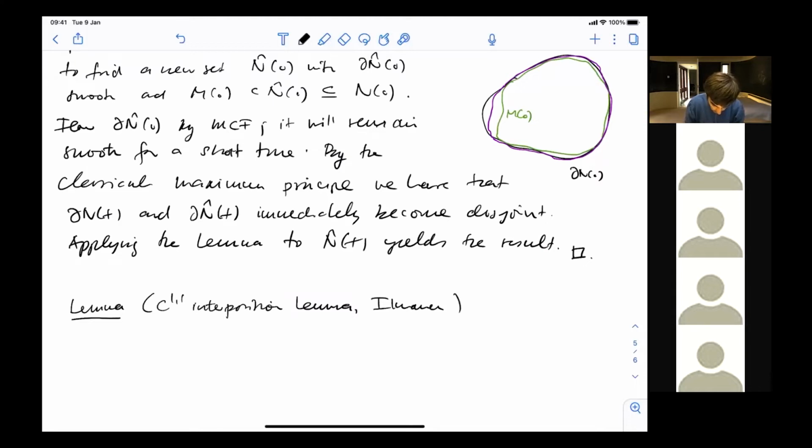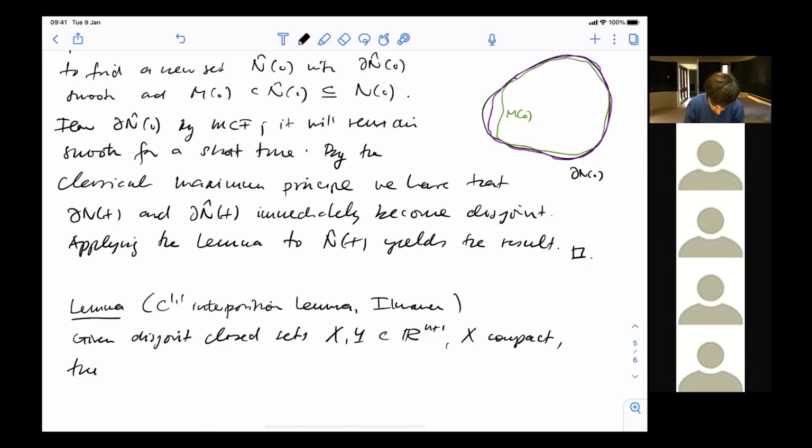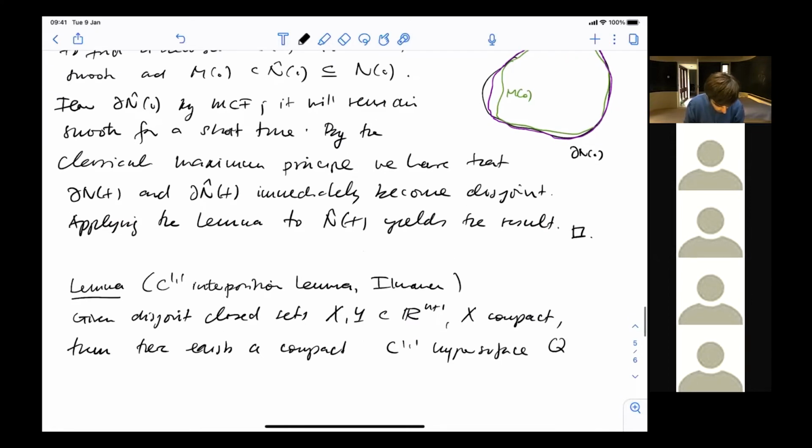References are in the notes. It says the following, and also works in a manifold: given disjoint closed sets X and Y in R^{n+1}, where X is compact, then there exists a compact C^{1,1} hypersurface Q and a bounded open set U such that the following is true.